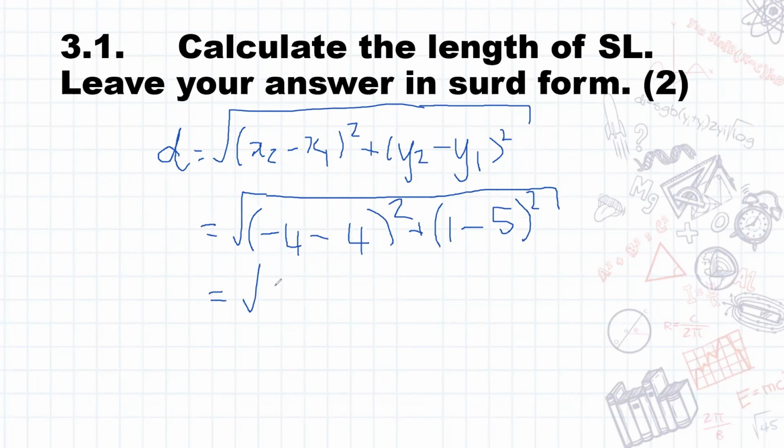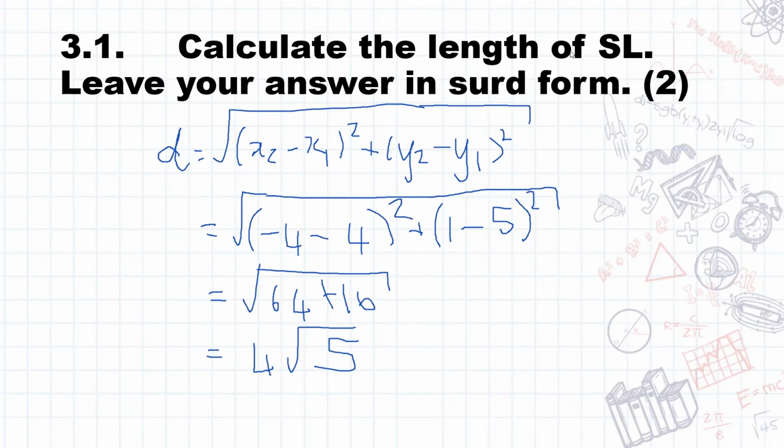So this will be (-8) squared, which is 64. This will be (-4) squared, which is 16. And so our answer, if we plug it into the calculator as well, will just be 4 square root 5. If you add 64 and 16, you get 80. So the square root of 80. You can also just put this into the calculator.